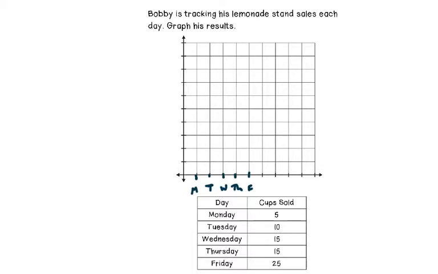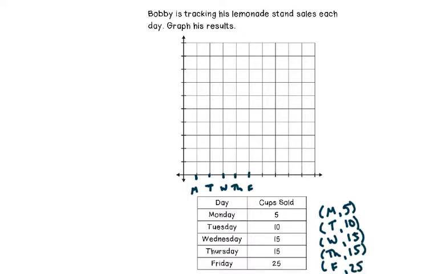So already I have my x coordinates. It's going to be an M, T, W, TH, and F. Now to get my y coordinates, I'm going to look at this cups sold. So it's going to be M 5, T 10, W 15, TH 15, and then Friday's going to be 25.